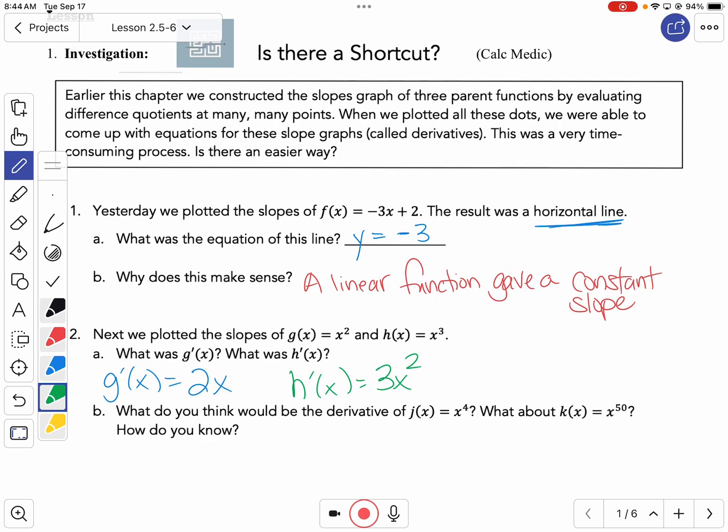How do we know? That's mental math. Trust the process. Does that change the slope? It's like the 5 times the slope.